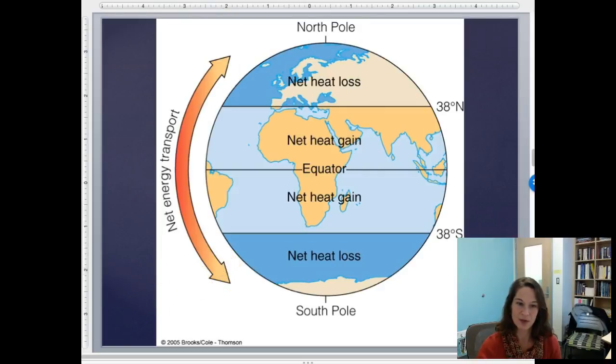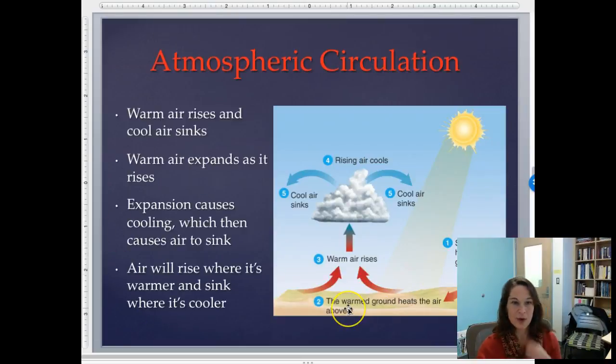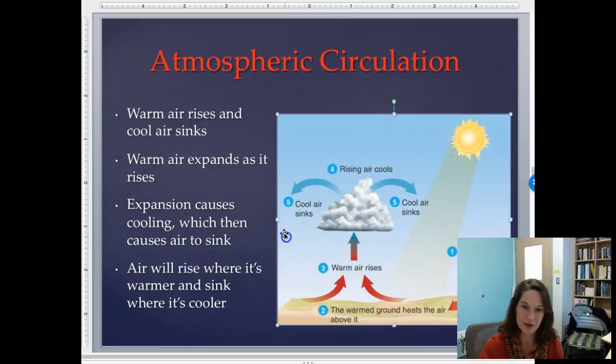And so that starts this flow of air, basically. As warm air over the tropics rises, it expands. Expansion causes cooling, which then causes the air to sink. So basically, this is the tropics. The warmed air heats the ground above it. That warm air rises, the rising air cools, and is displaced by more warm air rising.